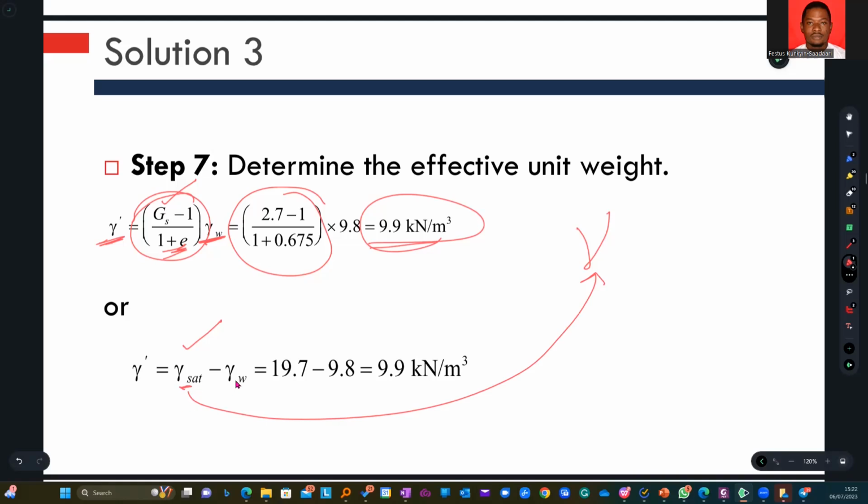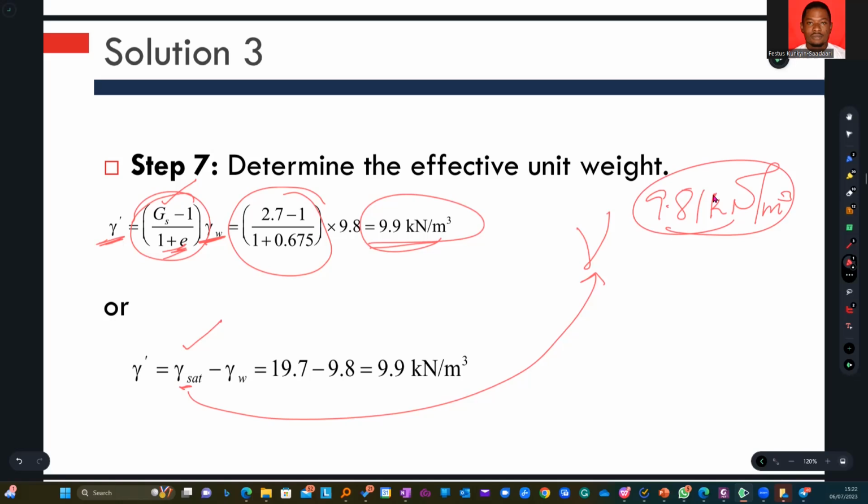And then we have established some constants, the unit weight of water. Remember I made mention that in this question we are trying to take the effect of water out of the unit weight. We already established in our previous lessons that water has a unit weight of 9.81 kilonewtons per meter cube.